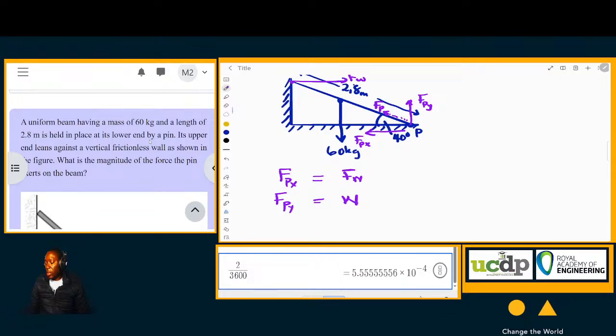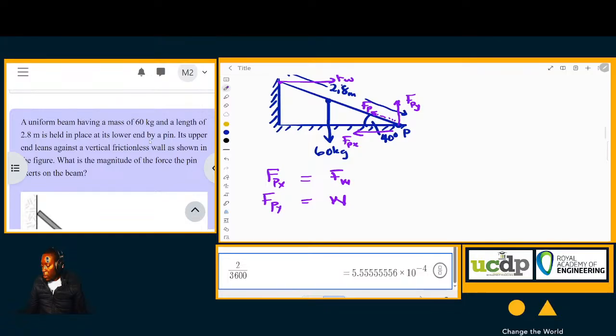So the total upward and downward forces should be 0, meaning Fpy minus W should be 0. Then the total horizontal forces, Fw and Fpx, should also be 0. Now Fpy is easy to find because this is 60 times 9.8 newtons.